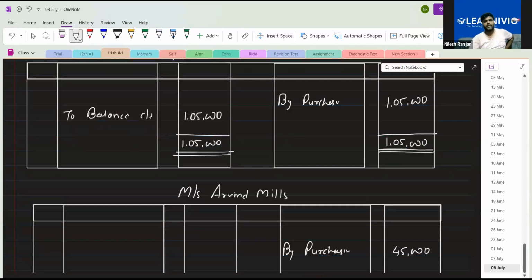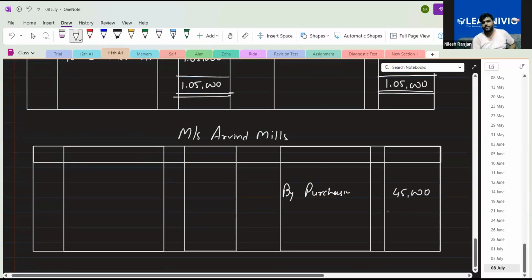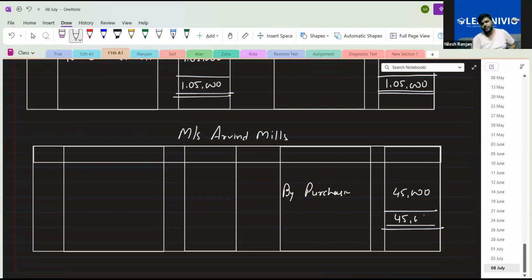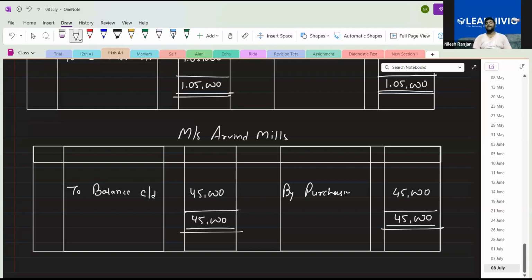Okay. Then Messrs Arvind Mills, 45,000, 45,000, and here it will be to balance CD, 45,000. So this is how we have to create ledger from the purchase book.